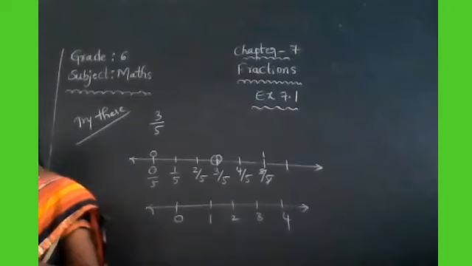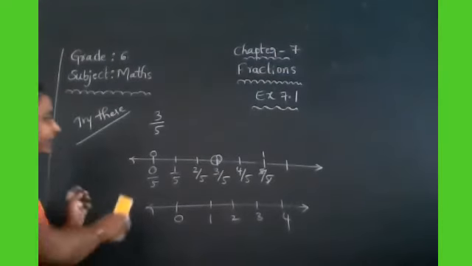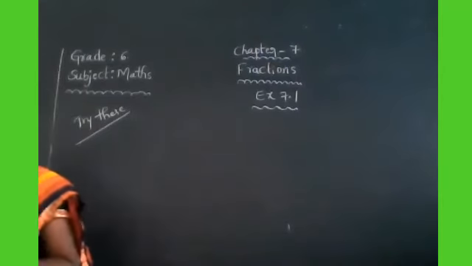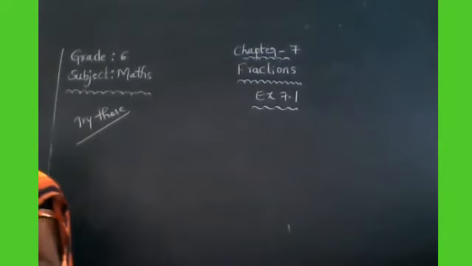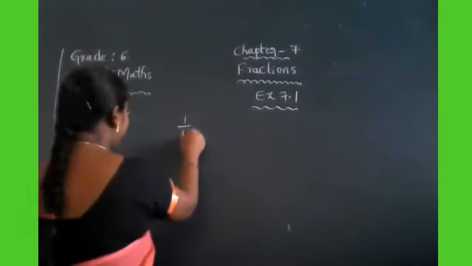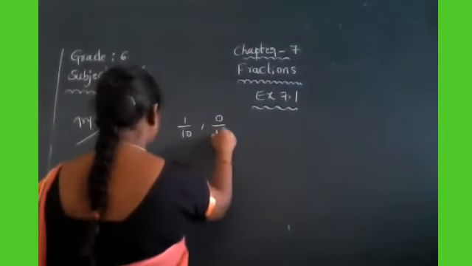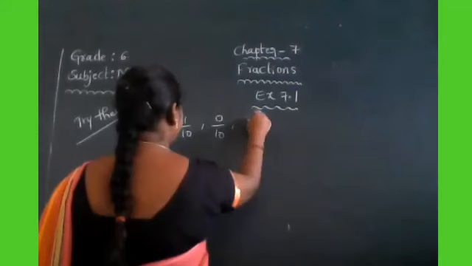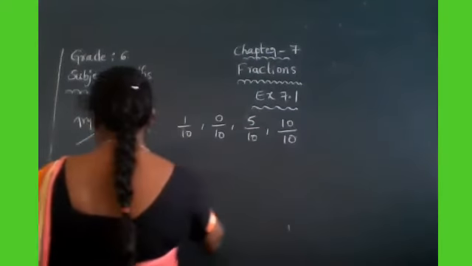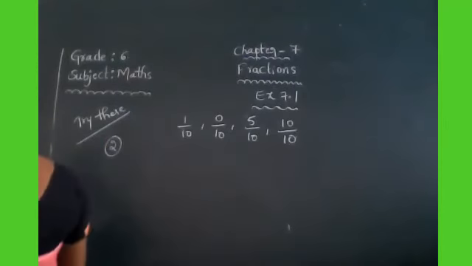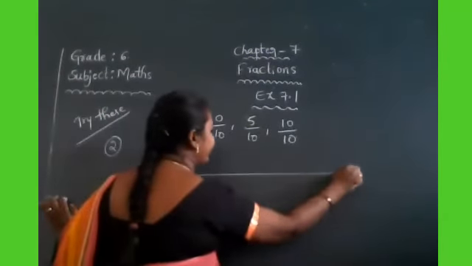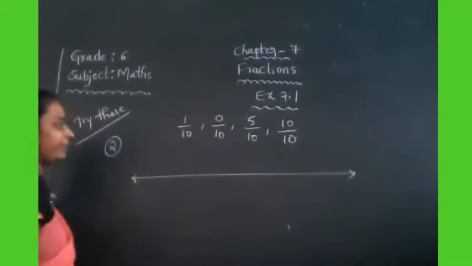Next, come to the second question. Show 0 by 10, 1 by 10, 5 by 10 and 10 by 10 on a number line. So first of all, draw a number line.